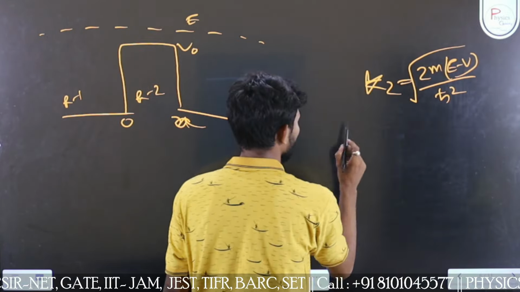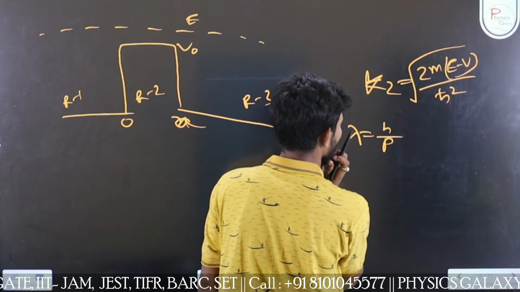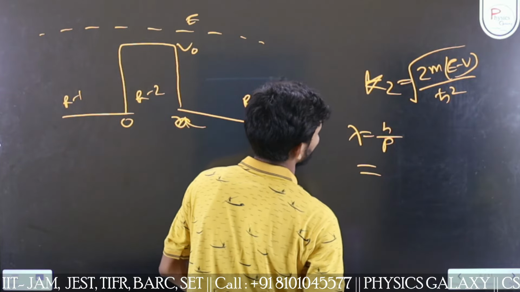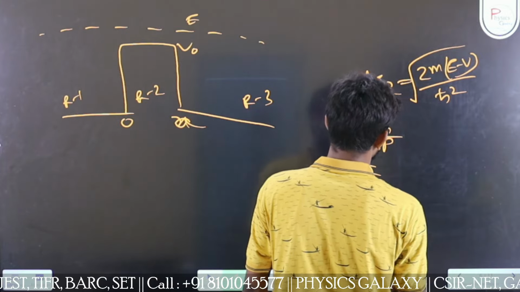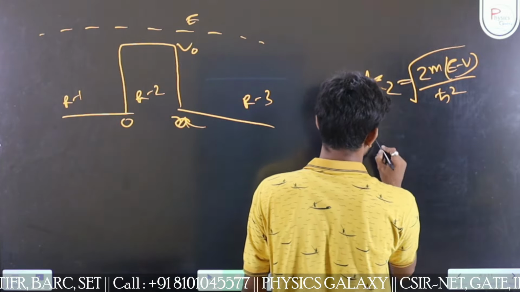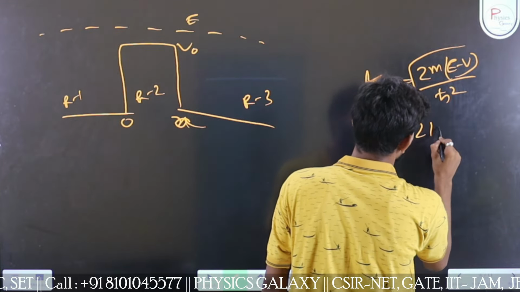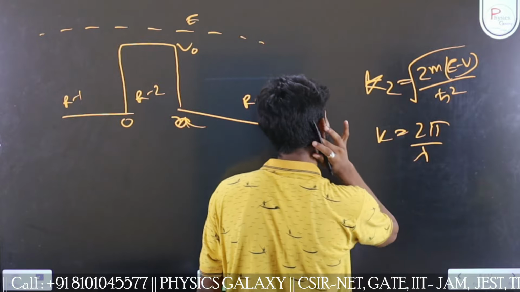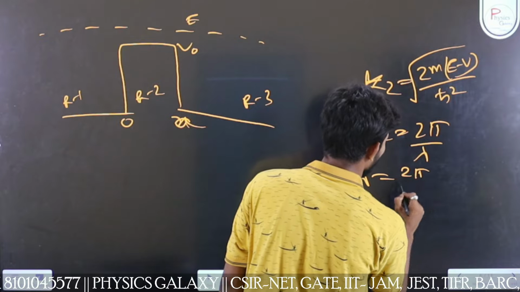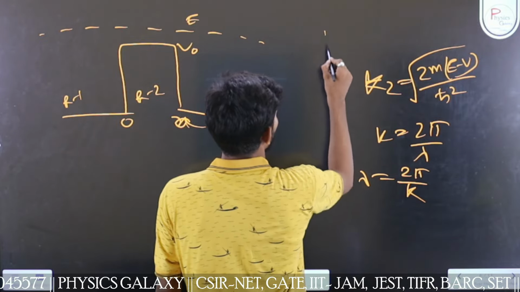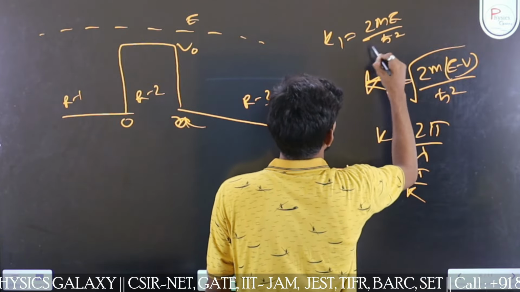And we know the wavelength is h by p. Okay, k is equal to 2 pi by lambda. So lambda is equal to 2 pi by k, and k1 was square root of 2mE divided by h squared.